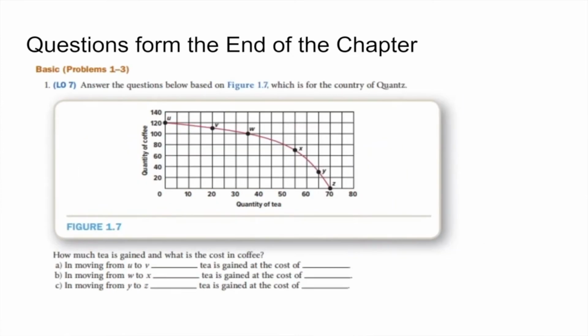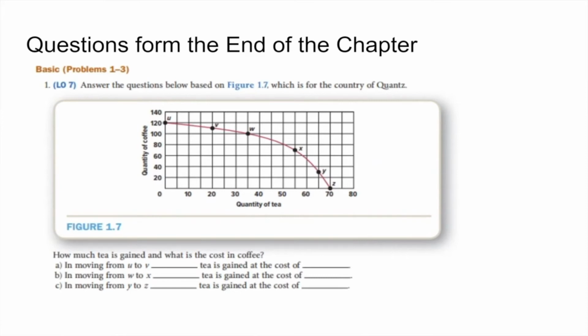I want to look at this next problem. These are what are called the basic problems. And these are of the nature that you will find on the assignment. So answer the questions below based on figure 1.7 in the country of Quartz. I just love some of the countries they come up with in this economics book.